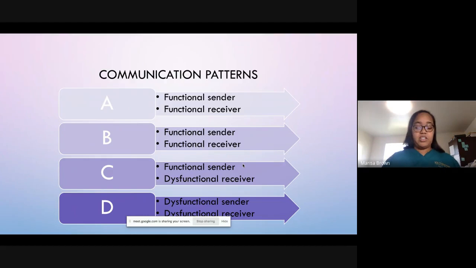D is a dysfunctional sender and dysfunctional receiver. He is a dysfunctional sender because he is only 3 and some words he can't say all the way, so he gets frustrated when he's trying to communicate something and people can't understand him. He is a dysfunctional receiver because he likes to listen only if there's a reward involved.